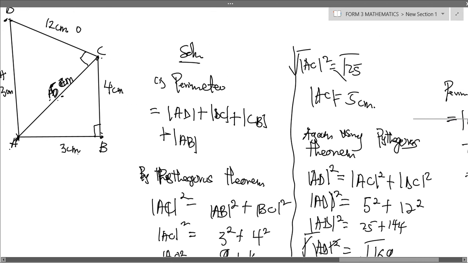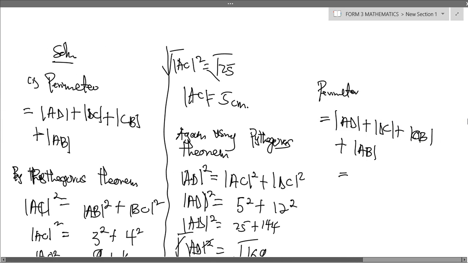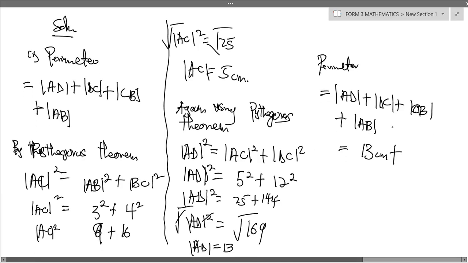So now we have 13 centimeters plus DC is 12 centimeters plus BC is 4 centimeters plus AB. AB is 3 centimeters.